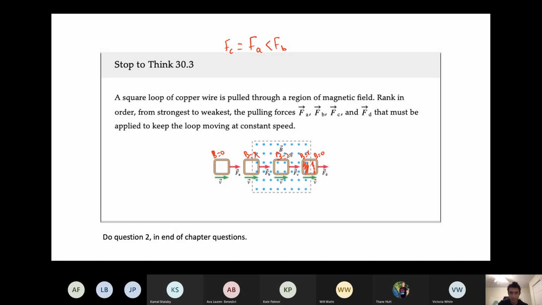The magnetic field changed from 2x to x, so that means there's a change in the magnetic field, and there's going to be an opposing force, so it's going to be harder. Since here it changed from 0 to x, which is 1x, and here it changed from 2x to x, which is also a change of x, F of D is equal to F of B.